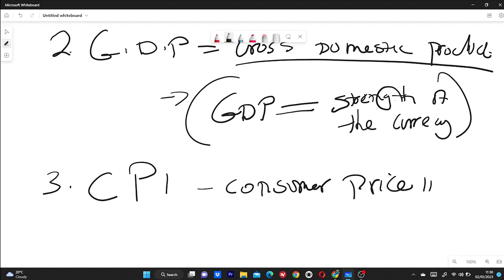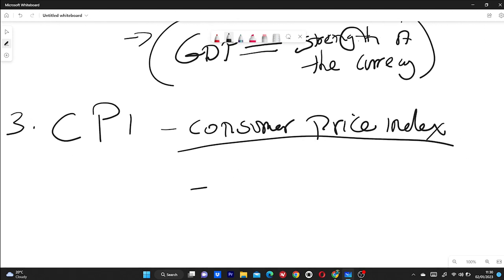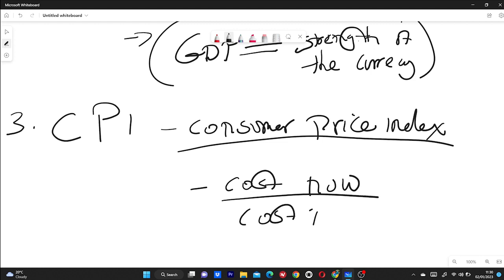How is inflation measured? You take the cost of goods now, divide by the previous cost, and then multiply it by 100.